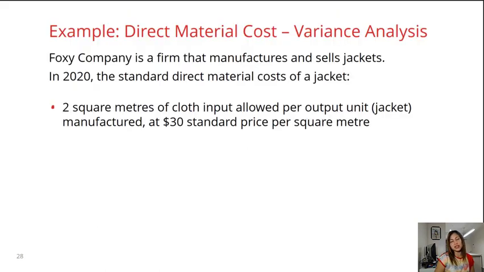So let's have a look at an example. This is direct material costs. Let's say this is our client, Foxy Company. It is a firm that manufactures and sells jackets.